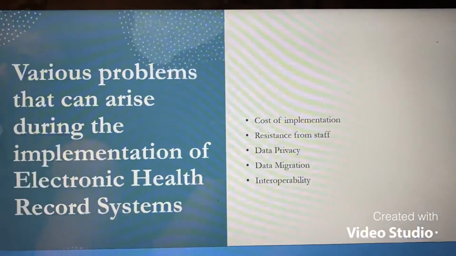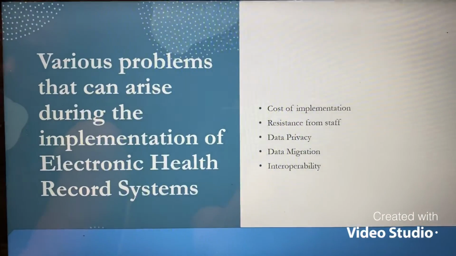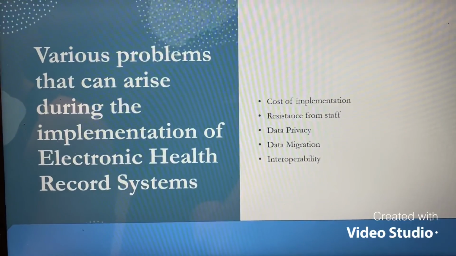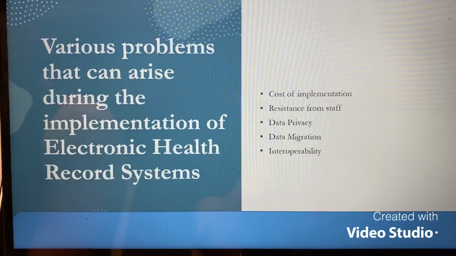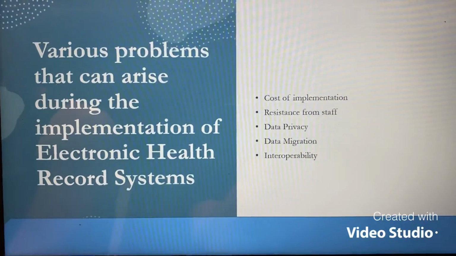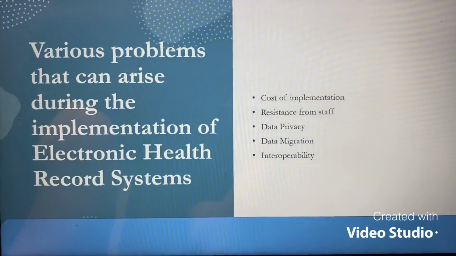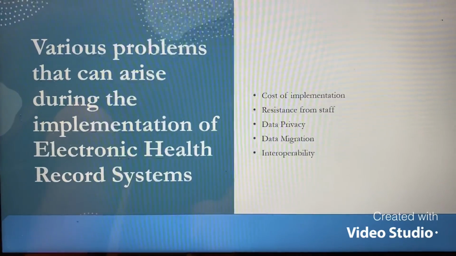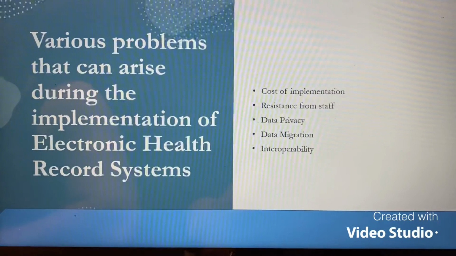Data privacy. Ensuring patient privacy when developing electronic health records can be accomplished through creating good firewalls and hiring experts to run the system, avoiding hacking. Training is also essential to ensure efficiency in the management of this system. Data migration.